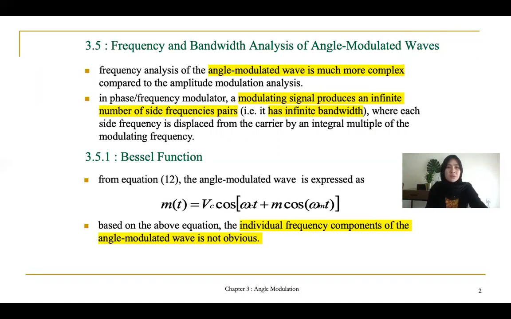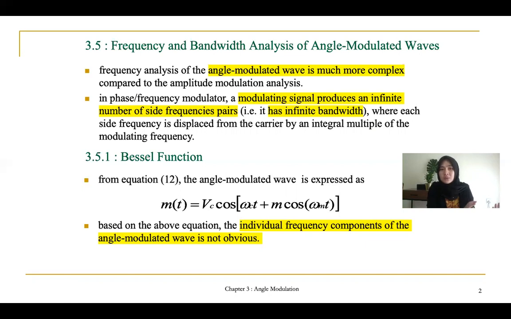So we will continue with chapter 3.5, which is frequency and bandwidth analysis of angle modulated wave. If we compare angle modulation and amplitude modulation, angle modulation is much more complex compared to amplitude modulation that we have learned in chapter 2.